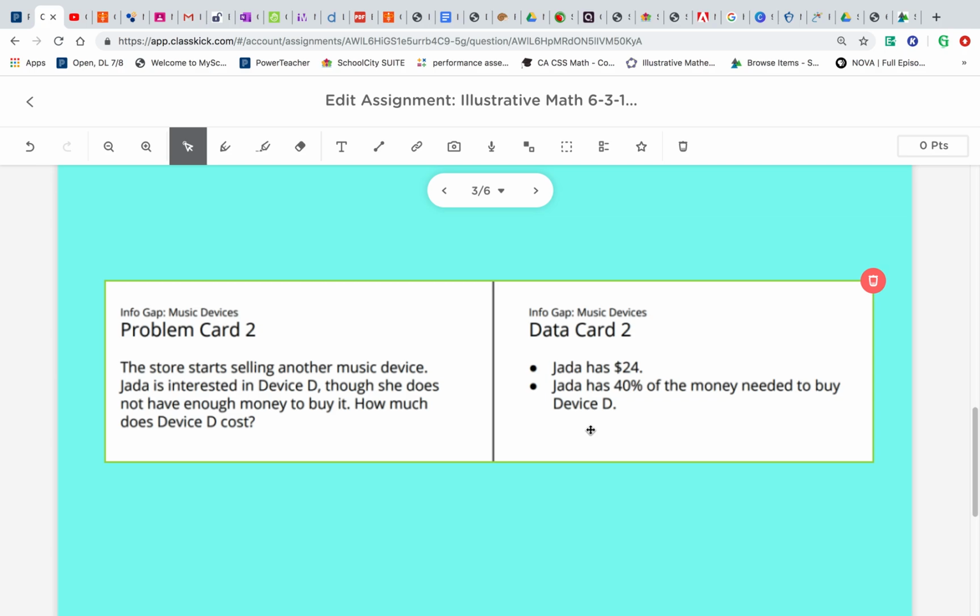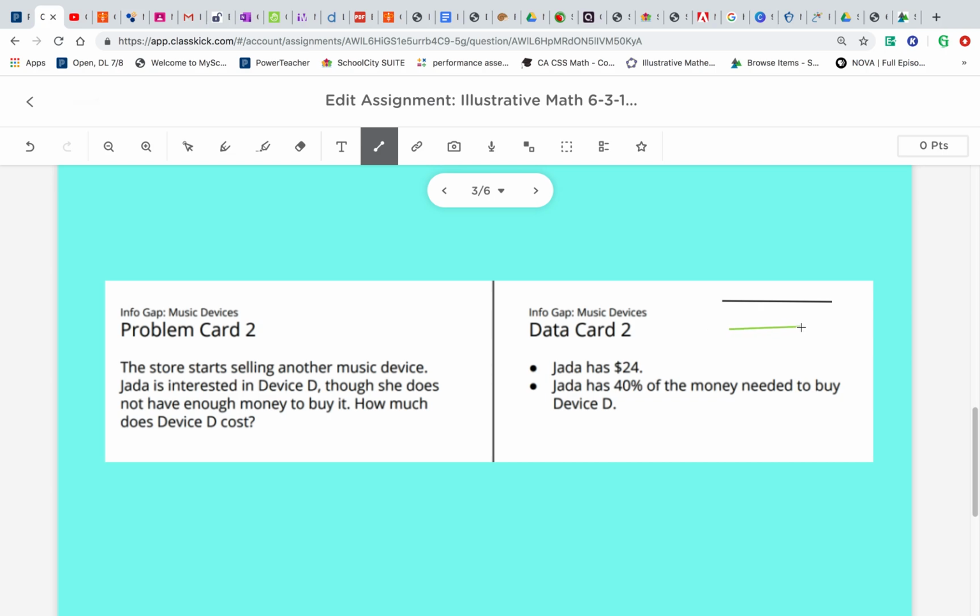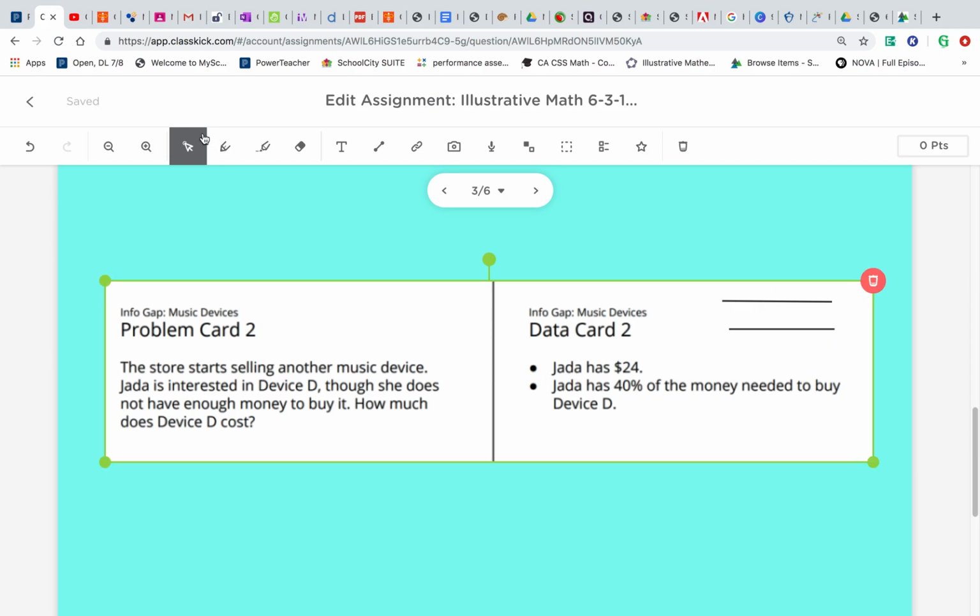So for device D, we can make a double number line. Let's take a look and see how that's going to play out here. We know that for our two values, we have money and percent. So let's add that in right here. Let's say that we have money and percent for our two number lines.